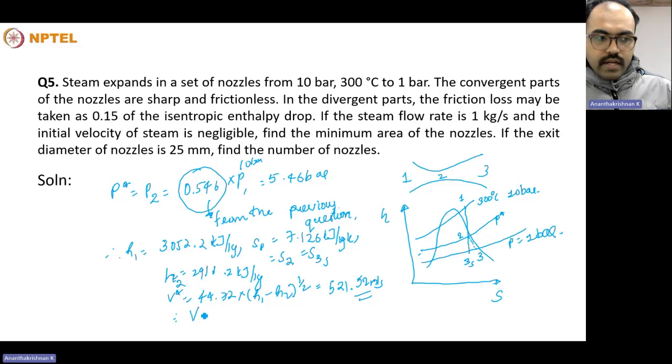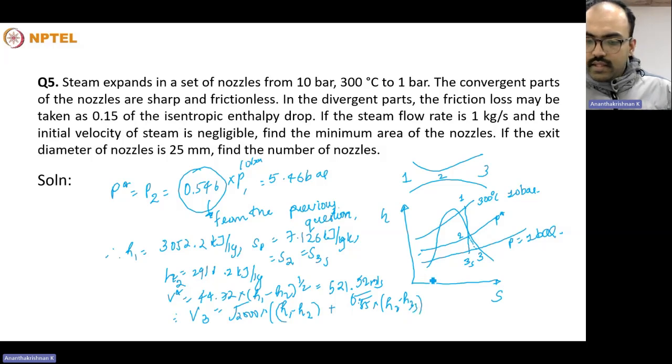Therefore, we can write V3 is equal to root of 2000 into H1 minus H2 plus 0.85 times H2 minus H3S.